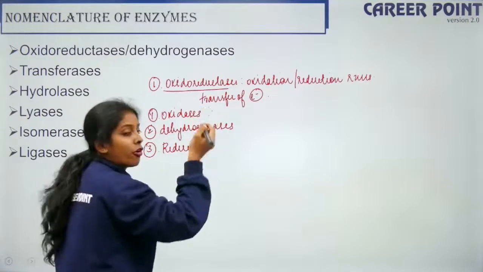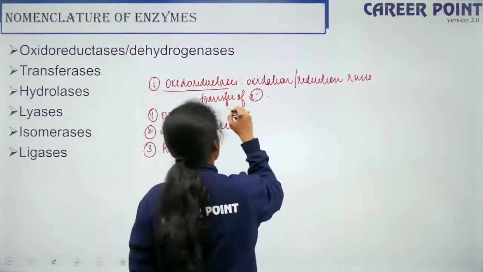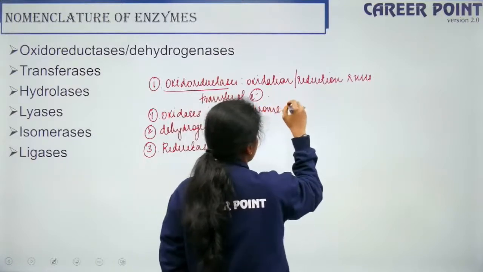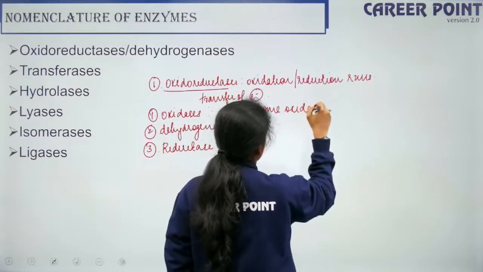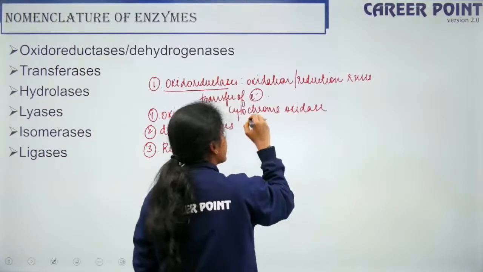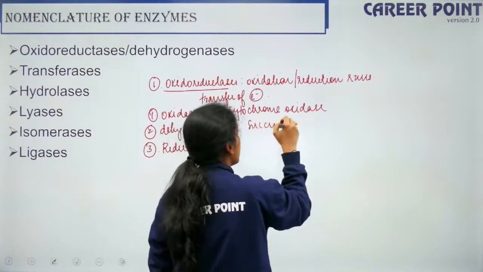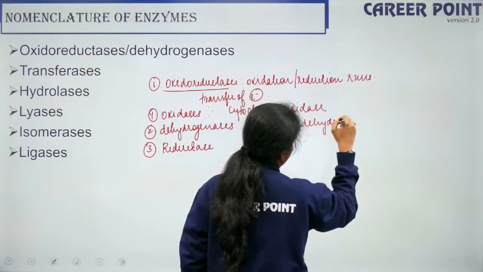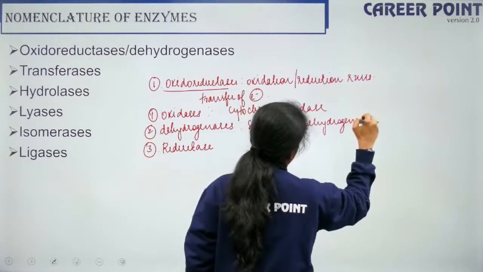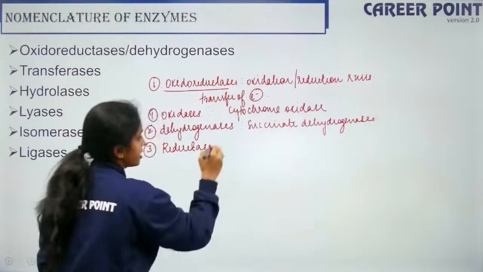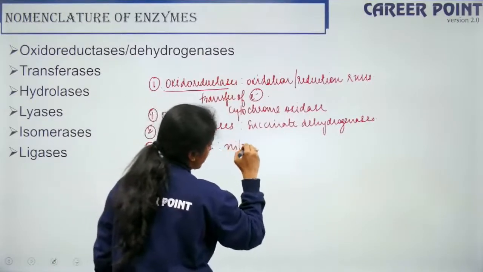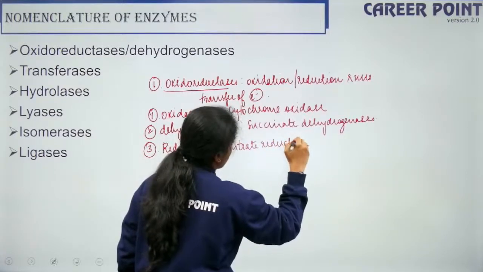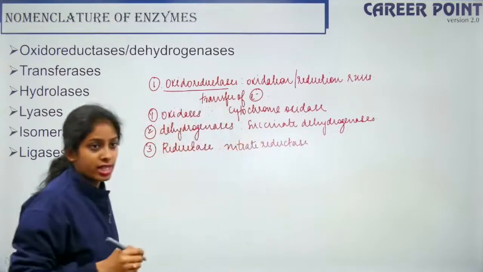An example of oxidases is cytochrome oxidase. An example of dehydrogenases, which we just read now, is succinate dehydrogenase. For reductases, you have nitrate reductase. So these belong to this class of enzymes, that is oxidoreductases.